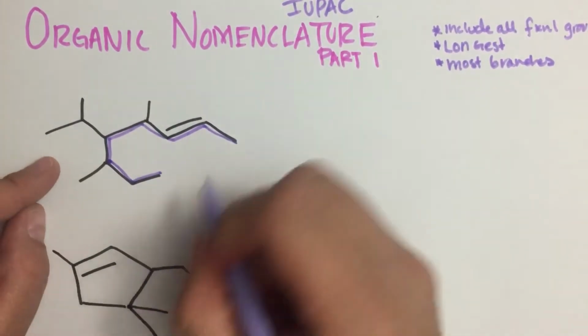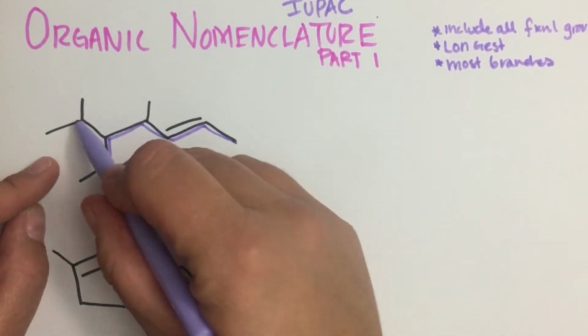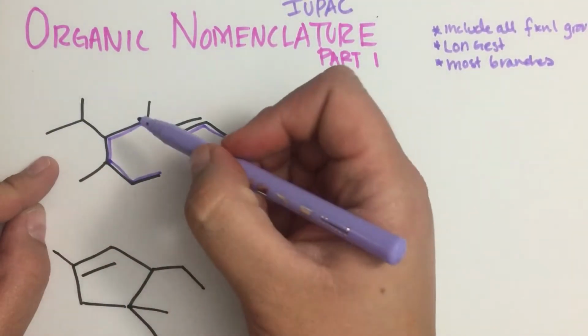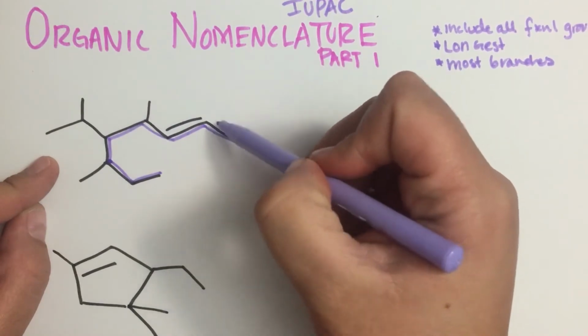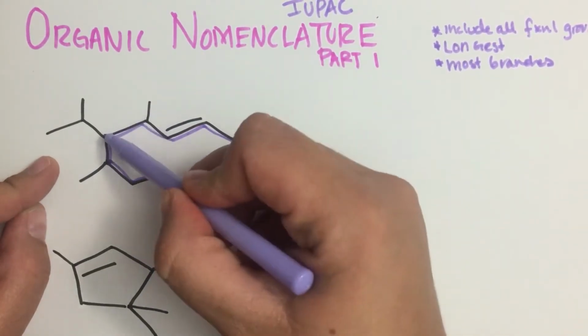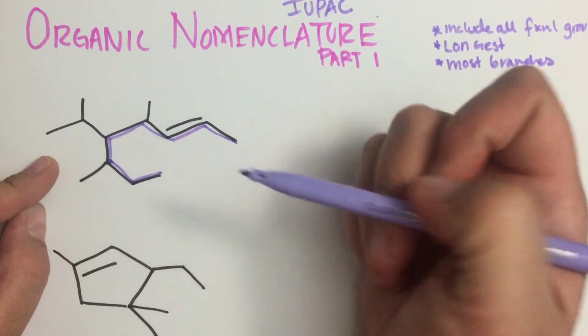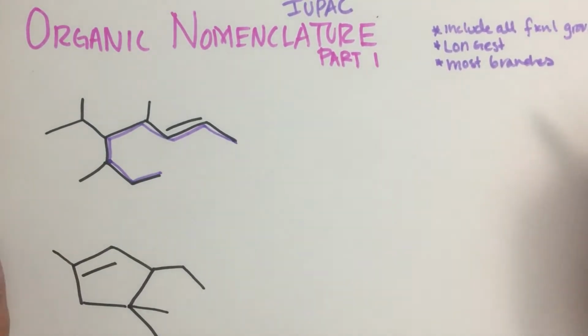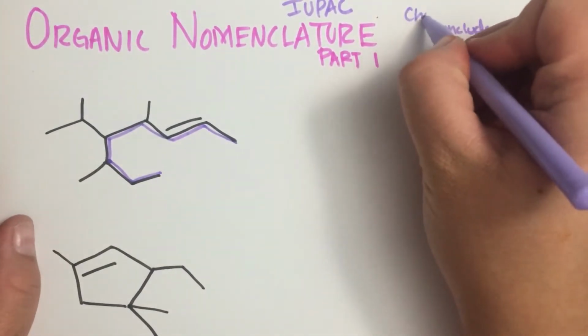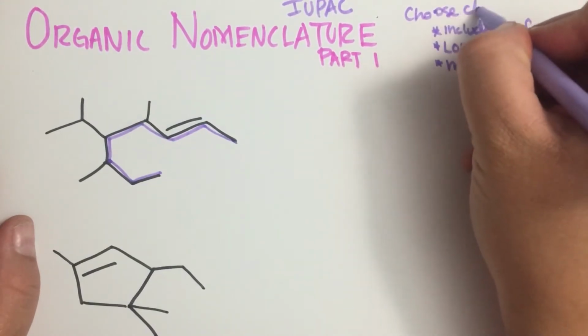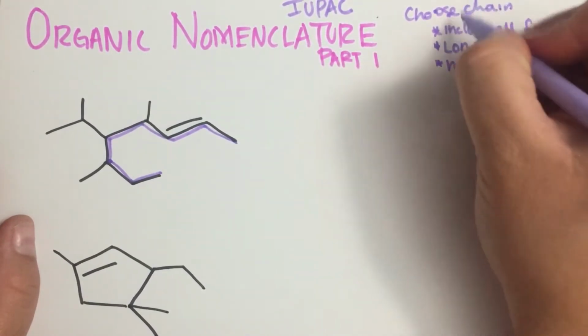Okay, so instead of having a 1 2 3 4 5 6 7 carbon long chain, we can have a, right, 1 2 3 4 5 6 7 8 carbon long chain. Now, first we're going to choose the parent chain.